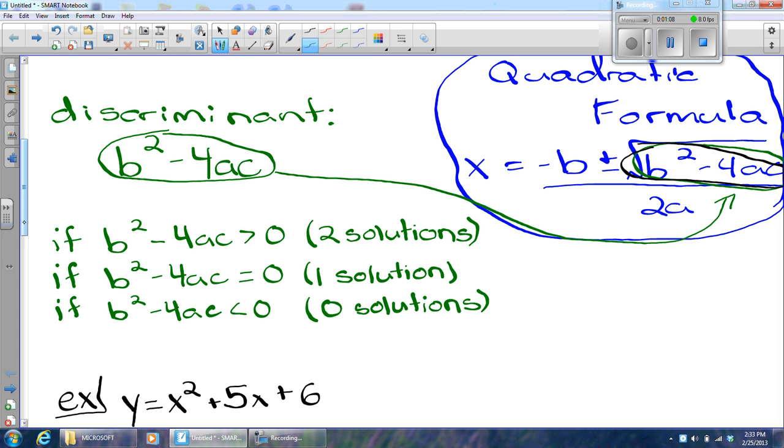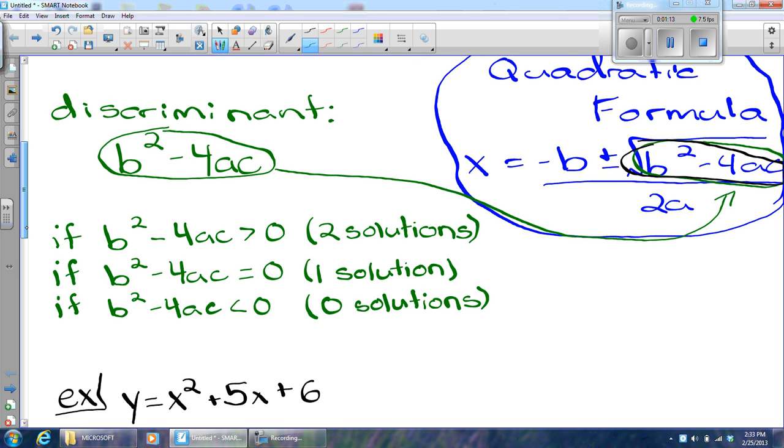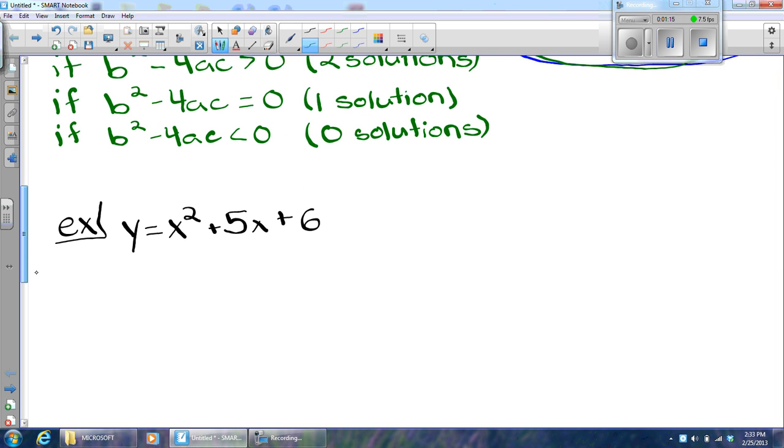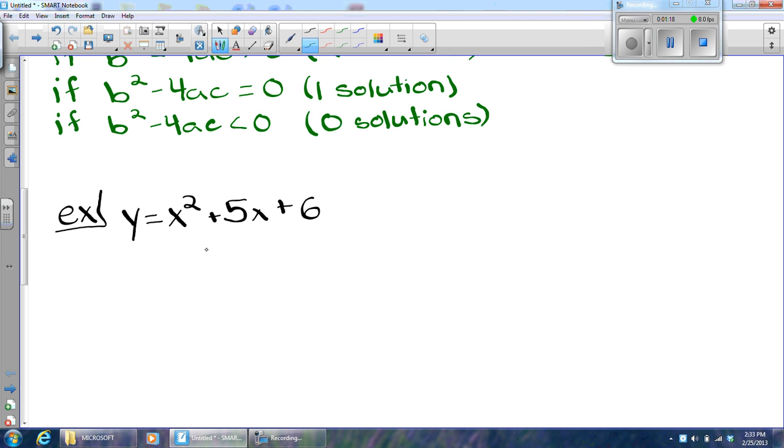And how we find the numbers that go in for A, B, and C is we find the coefficients. So here, our coefficient is 1. So this is our A. So A is going to equal 1.